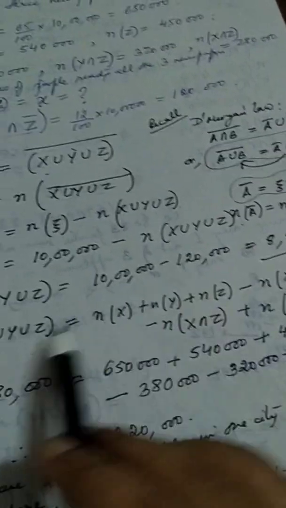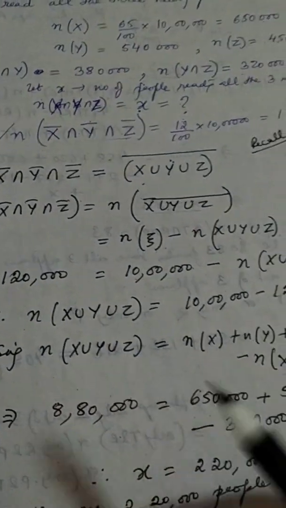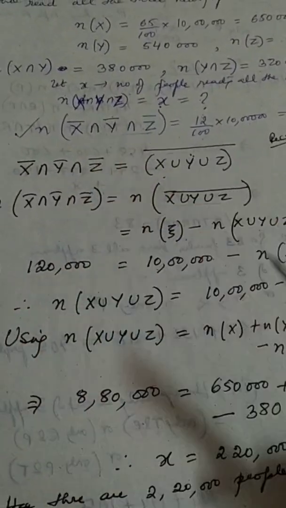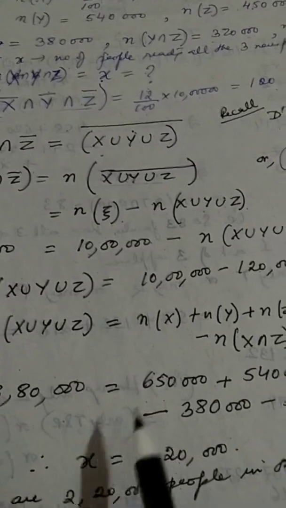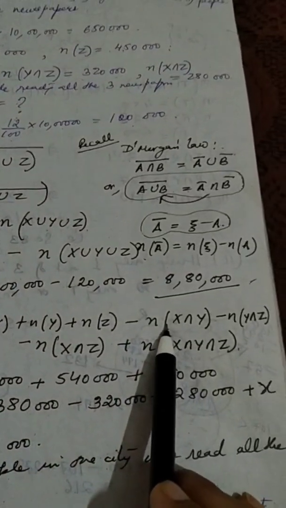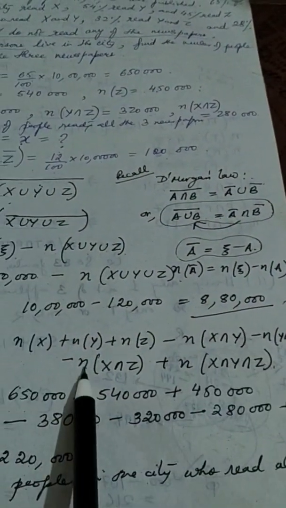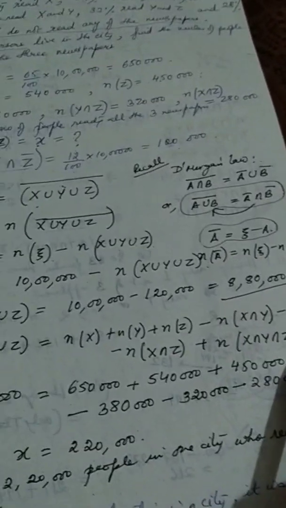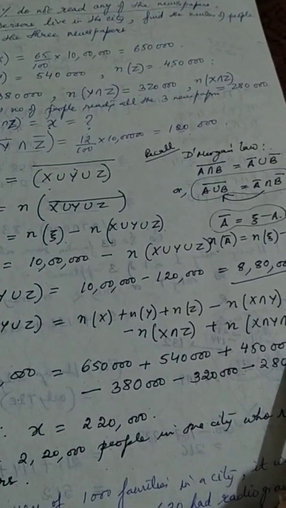Then I'm going to use the formula, using n of X union Y union Z. I didn't draw the Venn diagram over here because there's no need. I'm getting everything from the different formulae itself. So n of X plus n of Y plus n of Z minus pairwise n of X intersection Y, minus n of Y intersection Z, minus n of X intersection Z, plus n of X intersection Y intersection Z. Refer to the properties and laws that we did.